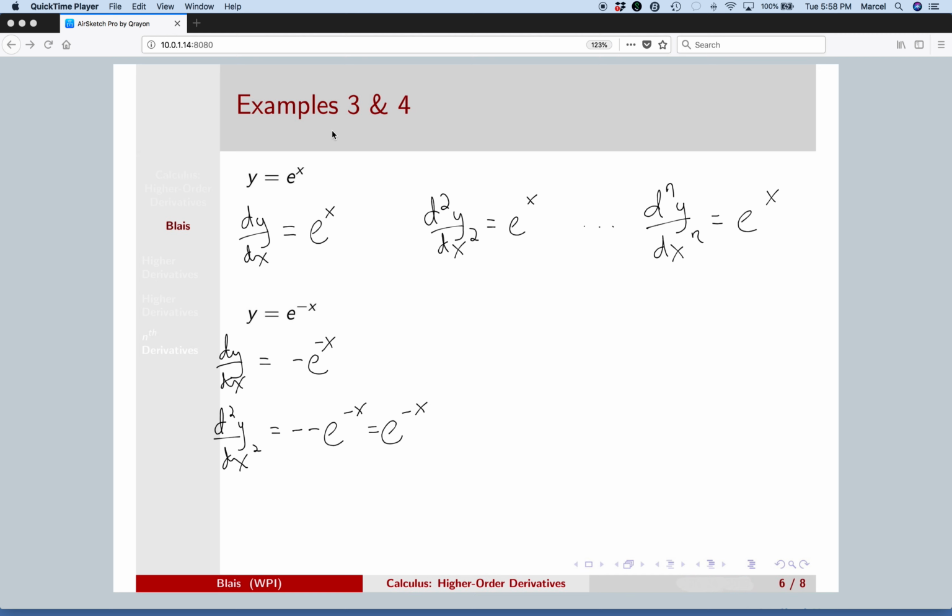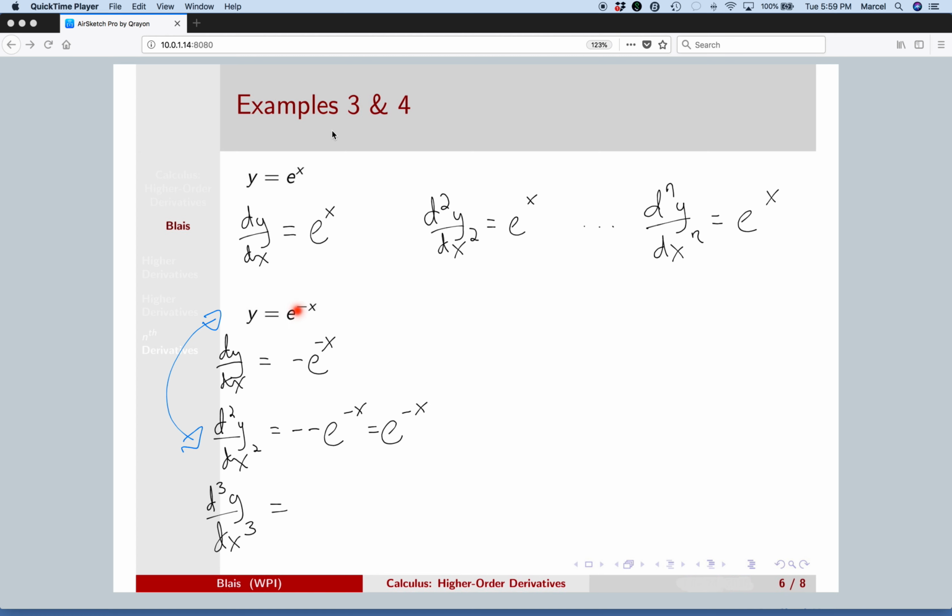And thinking of patterns, you see the original function and the second derivative are the same. If we go again and take the third order derivative, d cubed y dx cubed, we differentiate e to the minus x.